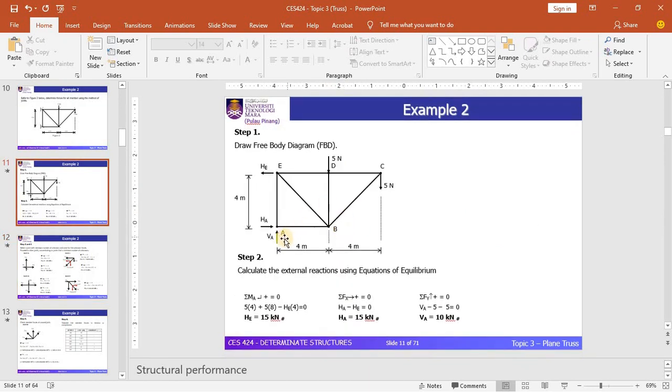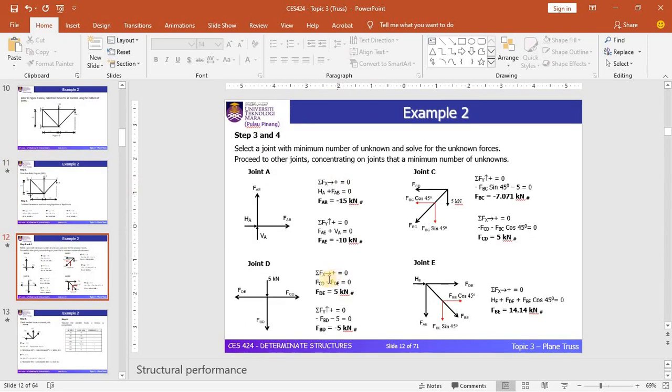Once joint A has been considered and you have solved for AE and AB, you can move to joint E, or you can skip to joint C because at joint C the number of unknowns is not more than 2. In this solution, joint C has been selected. The members BC and CD are equal to negative 7.071 kilonewton and 5 kilonewton. And you can move to joint D.